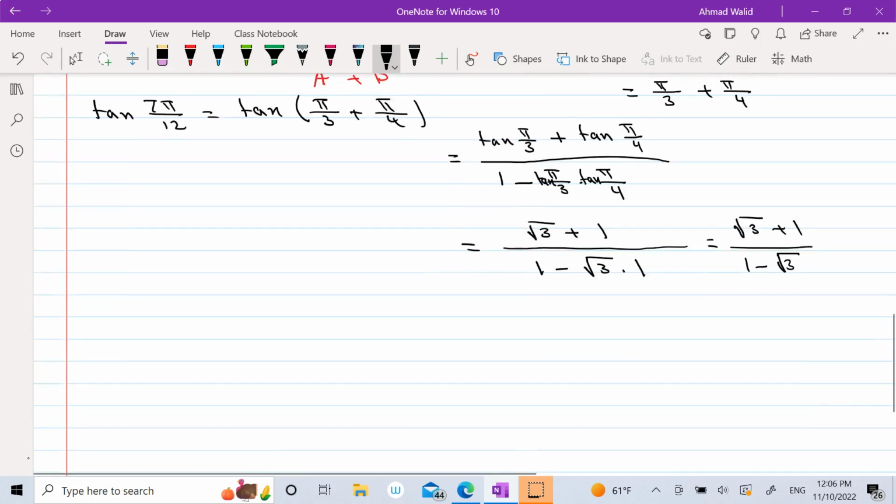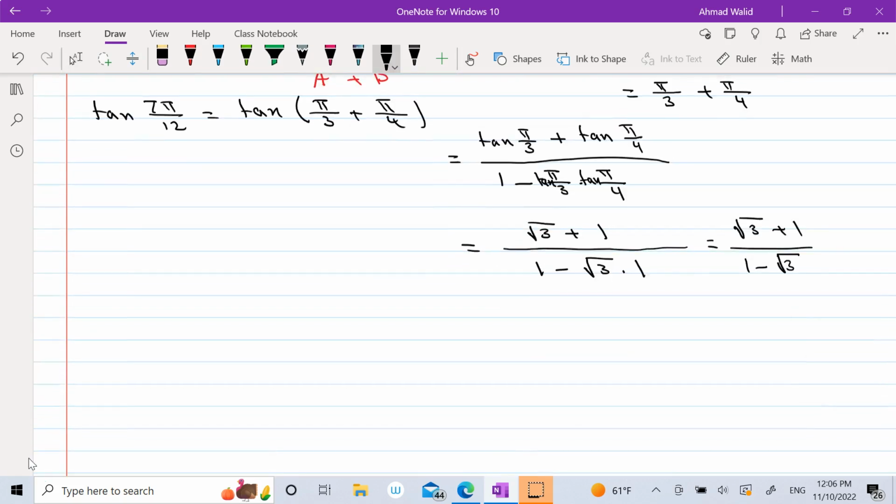Correct? You see your denominator has a radical in it. You have to rationalize the denominator, not the numerator.